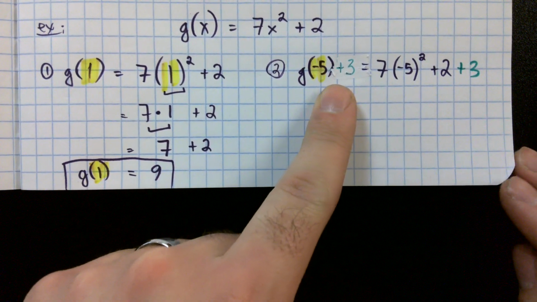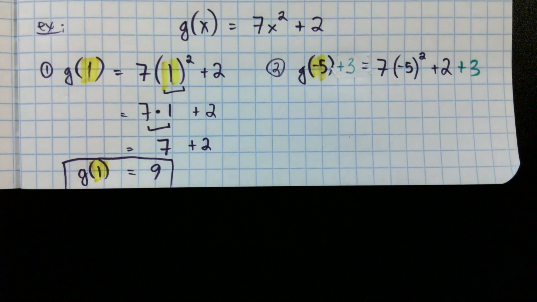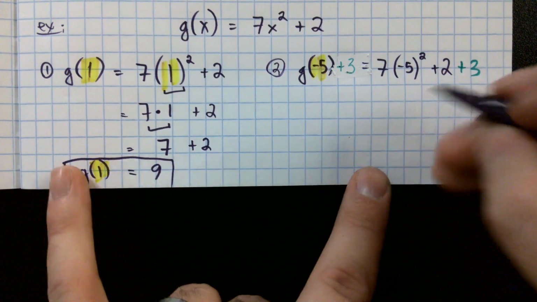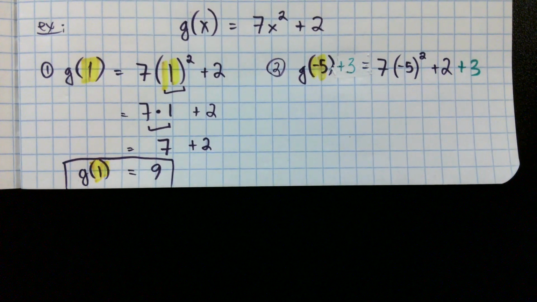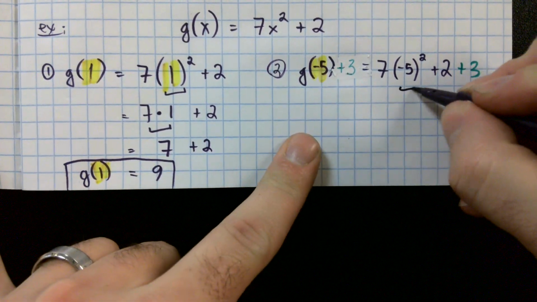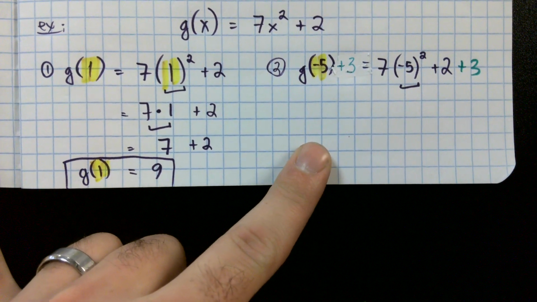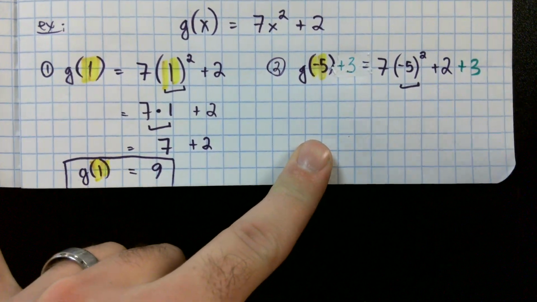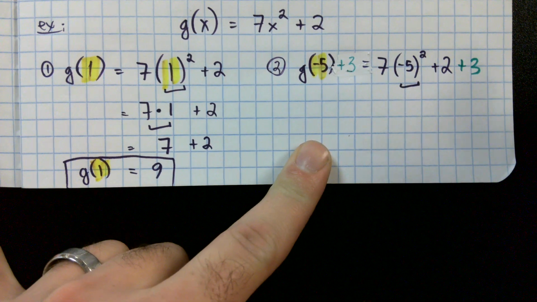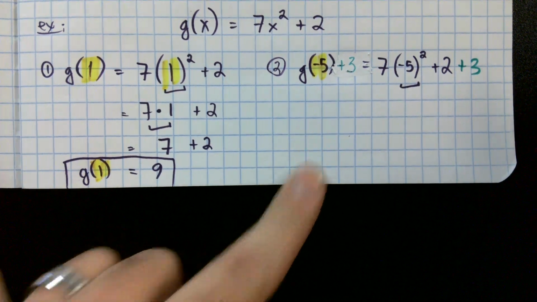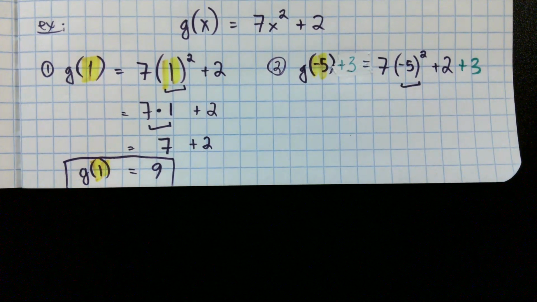It looks like a lot, but if you follow PEMDAS, it's not that bad. What is negative 5 squared? Positive 25. A negative times a negative is a positive.